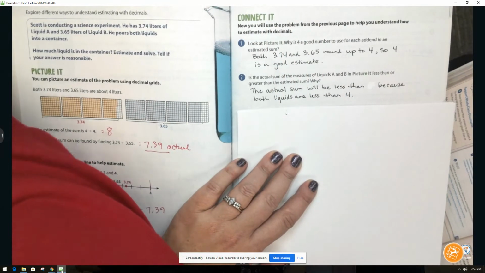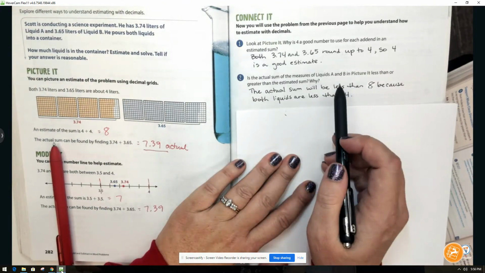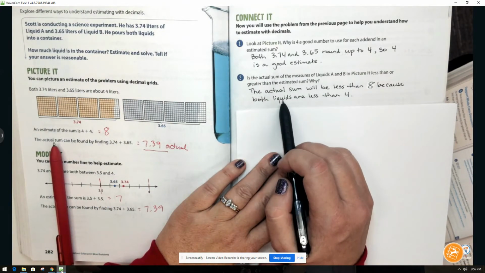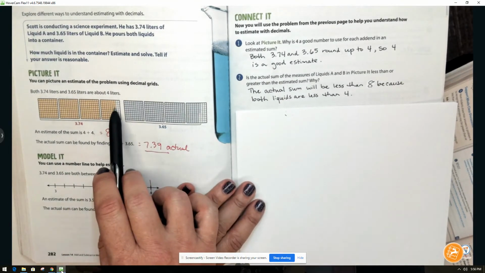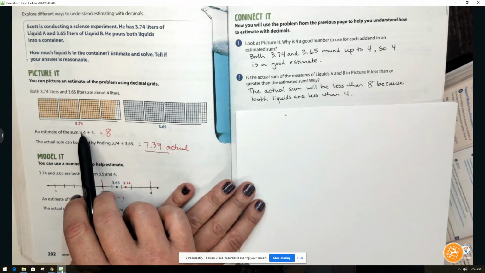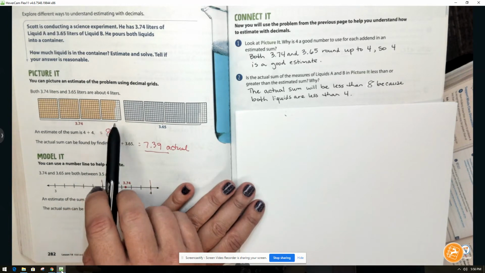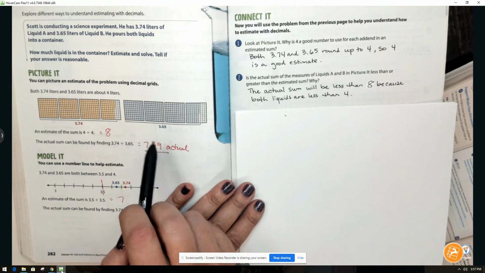It's less than 8 because 8 was our estimate when we added 4 plus 4, because both liquids are less than 4 wholes. Since both of these amounts are less than the two numbers we rounded to, our actual answer is going to be less than this answer.